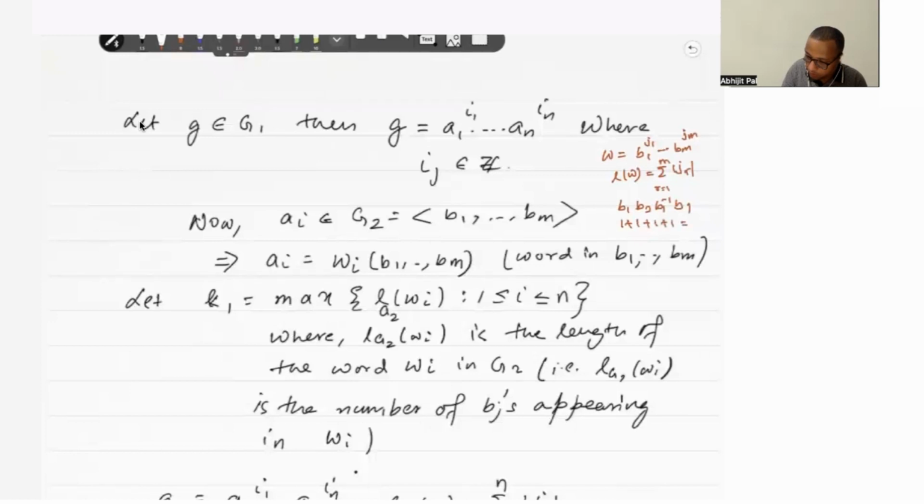So this is equal to 4. So the length of this word is 4.